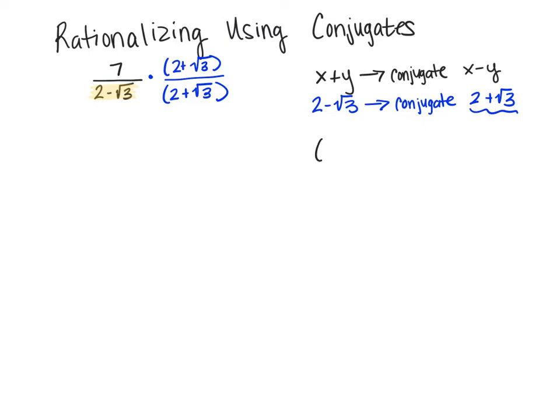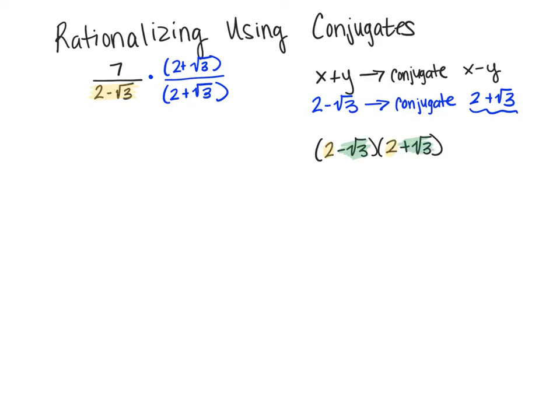Okay, so we'll have 2 minus root 3 and 2 plus root 3. So hopefully you can see that this first number is the same. And then the second term, those are opposites. So when we FOIL this out, let's see what happens.